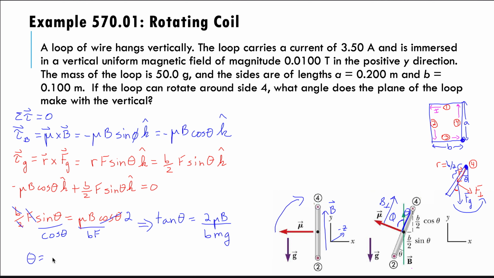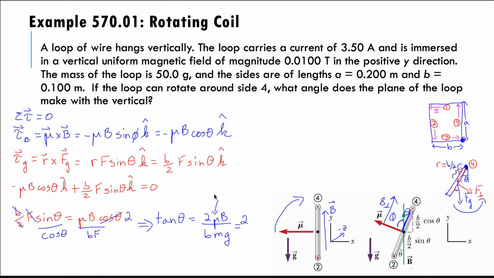So the angle is going to be the inverse tan of 2, and we need mu, right? Mu is NIA, so N was 1. I forgot to make that substitution. Actually, let me go ahead and make the substitution here, and then we won't have to plug all the numbers in, but I'll show you what the numbers are.